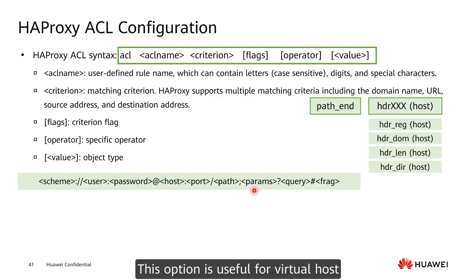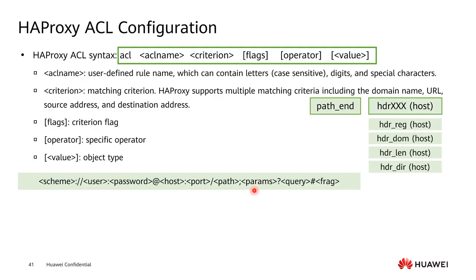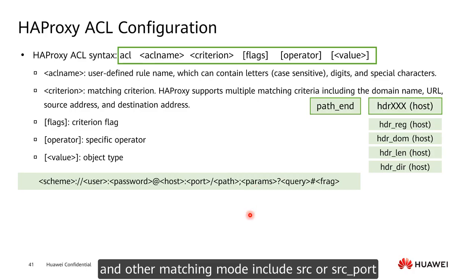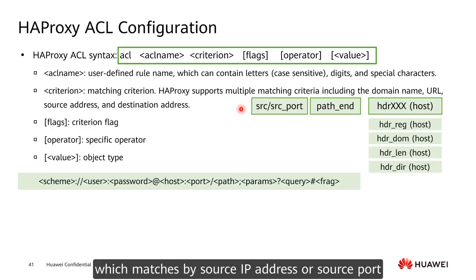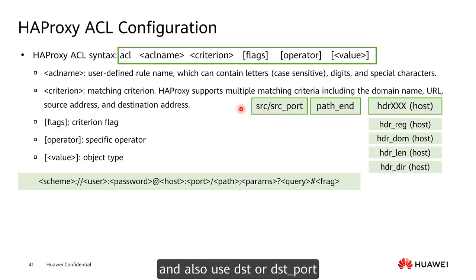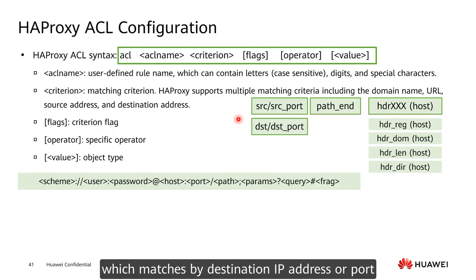This option is useful for virtual hosts. Other matching modes include src or src_port, which matches by source IP address or source port, and also dst or dst_port, which matches by destination IP address or port.